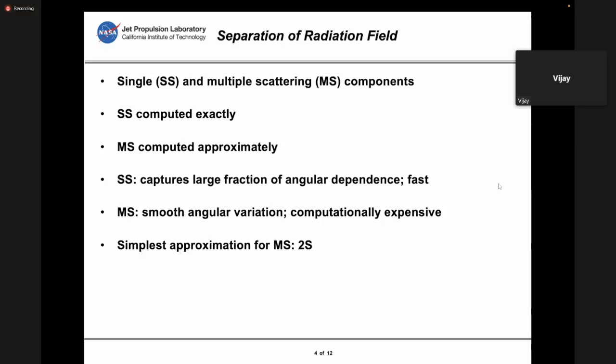Most of the computational effort is spent on calculating the multiple scattering contribution, which has smoother angular variation. So if the multiple scattering is computed approximately using a fast approach, the overall RT calculation would be much faster. The simplest method to do this would be to use the two-stream approximation for multiple scattering. Hence the name 2SESS: the approximate two-stream multiple scattering coupled with an exact single scattering.